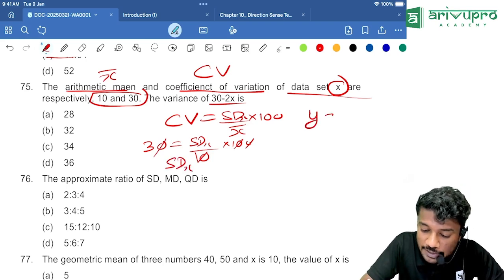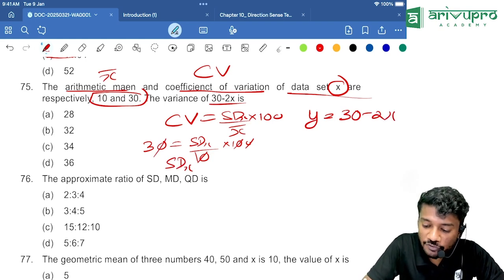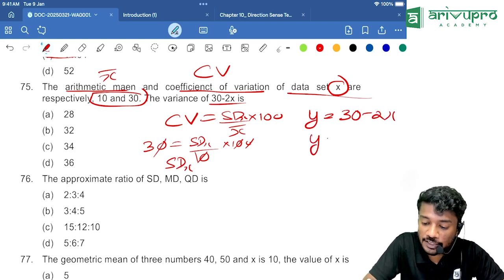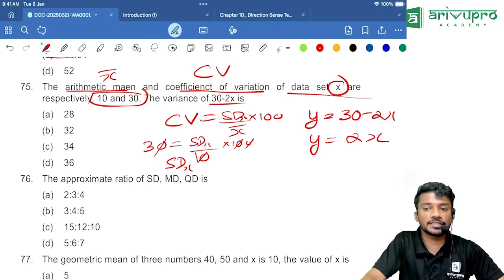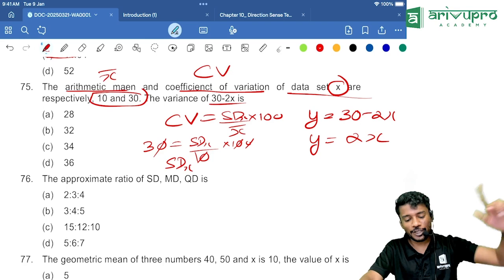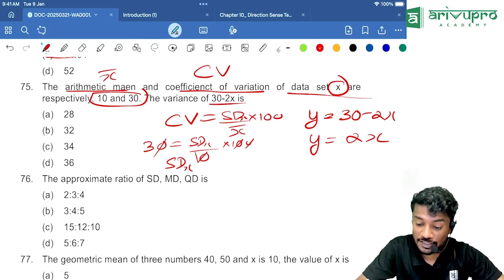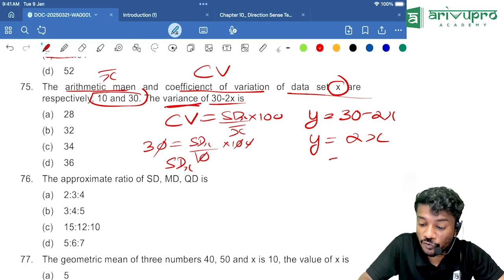Now y is equal to 30 minus 2x. From that, what are we going to find? Y we need to find. Now what we will do? How will you get the answer? Sir, standard deviation is this, but they are asking for variance. So we should square 2.